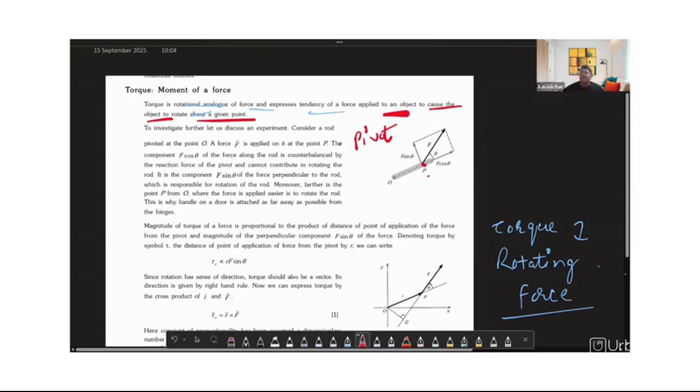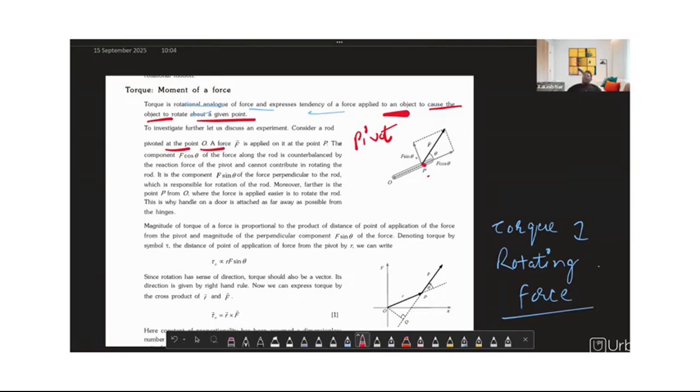To investigate further, let us discuss an experiment. We consider a rod which is pivoted at point O. A force F is applied at the point P.